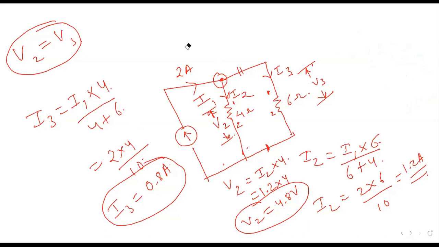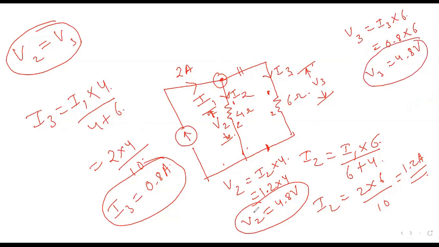When we talk about V3, it is nothing but I3 multiplied by 6 as per Ohm's law. I3 came out to be 0.8, so 0.8 into 6, 6 8s are 48, so this is again 4.8. That means the concept we just talked about, common points and same voltage, we have proved: V2 and V3 are equal, that is 4.8 volt.